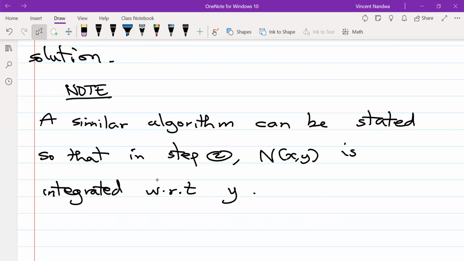So you can actually reverse the same process, starting with N, and you will still get an answer to the differential equation. So the next session we'll discuss examples on how to solve exact differential equations following these steps we have given in this class.